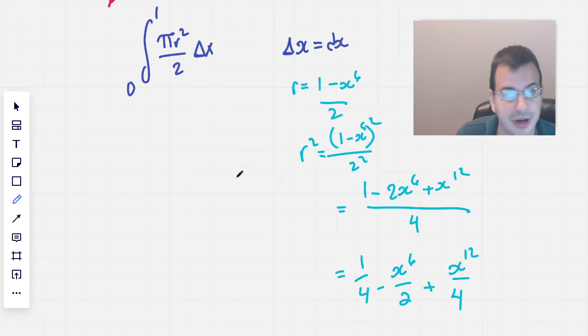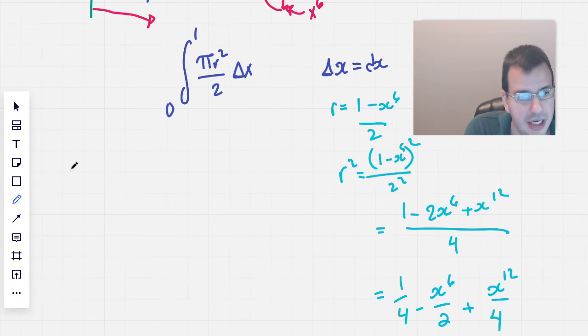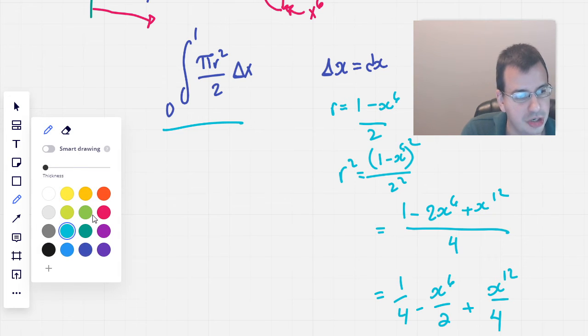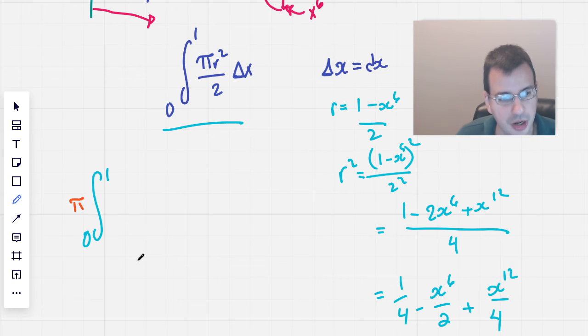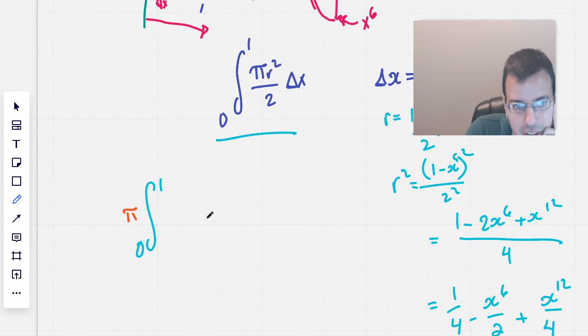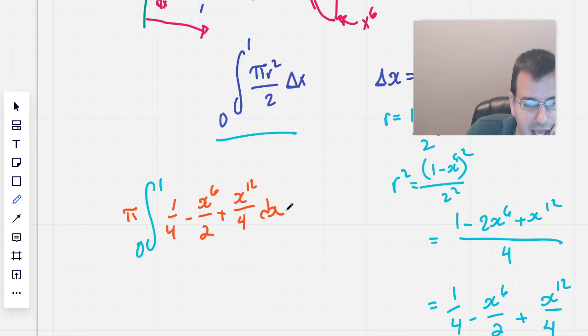Okay, so now we can take that, plug it into our equation over here. So we go from 0 to 1, change colors to show that my train of thought is changing slightly. Pull out the pi. We have 1/4 minus x to the 6th over 2 plus x to the 12th over 4 dx.